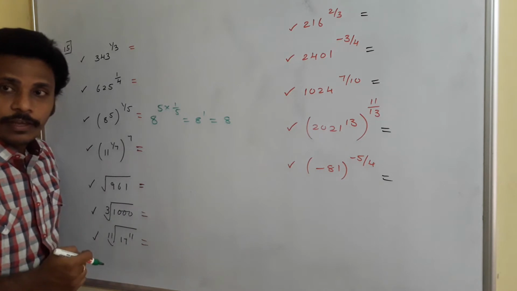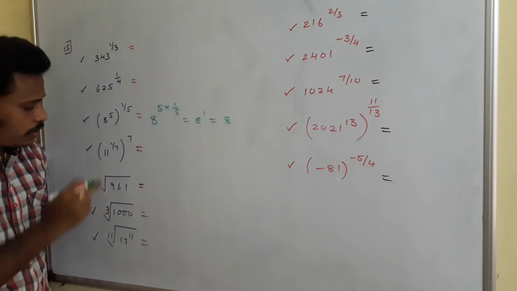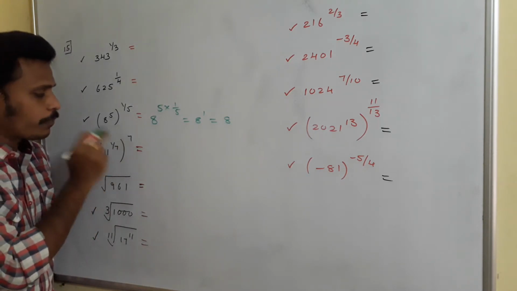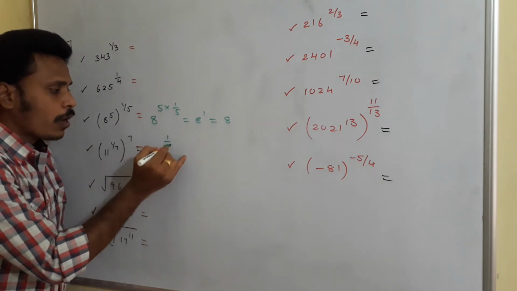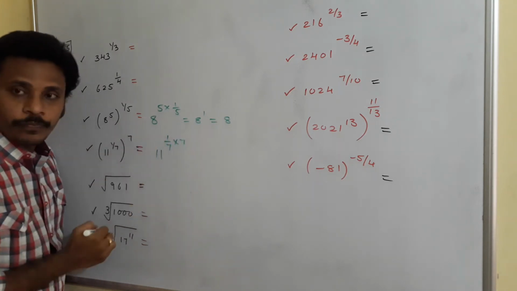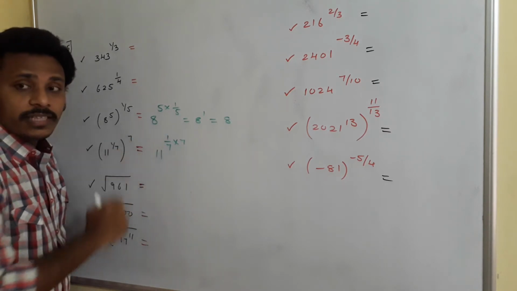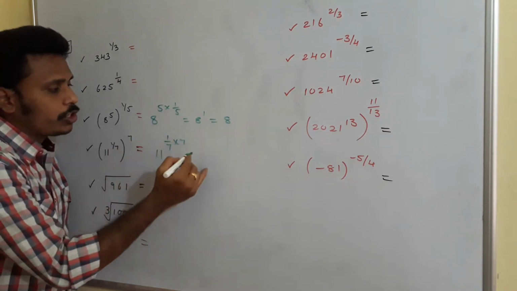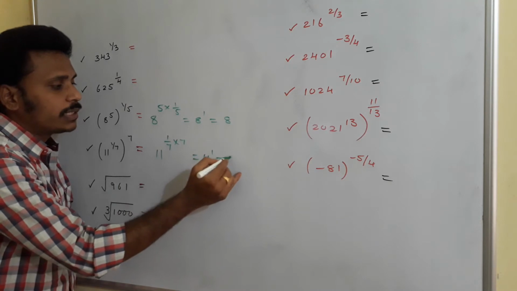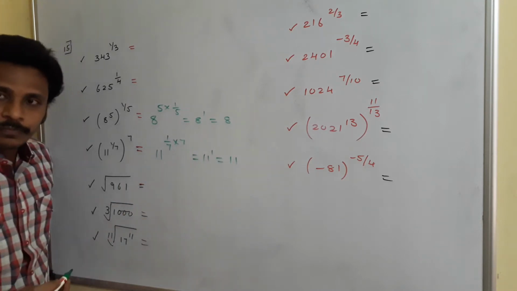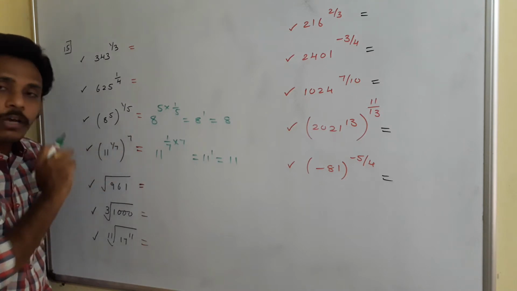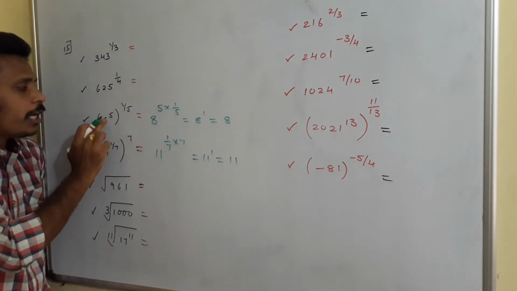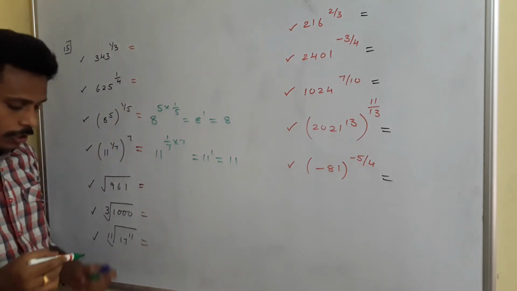And in the same way, you just think about this: 11 to the power 1 by 7 whole to the power 7. 11 to the power 1 by 7 into 7, if you multiply these two, 11 power 1, the value is 11. Right? Here directly 11 power 1 by 7 to the power 7 is involved. Here 8 power 5 and 1 by 5 is involved.